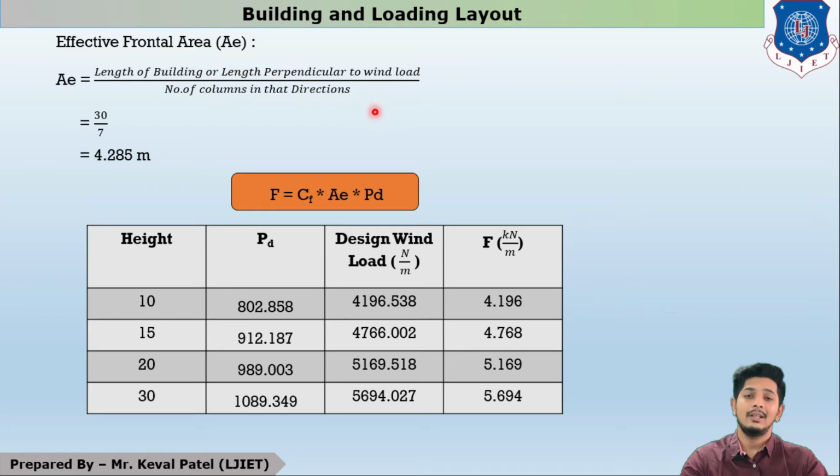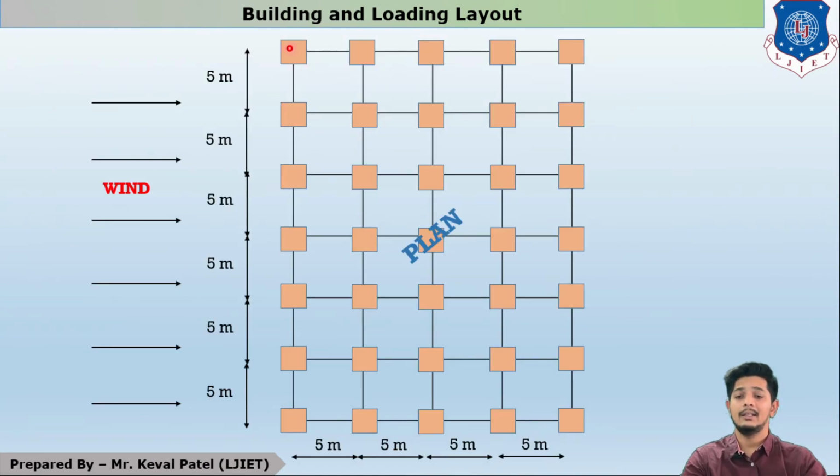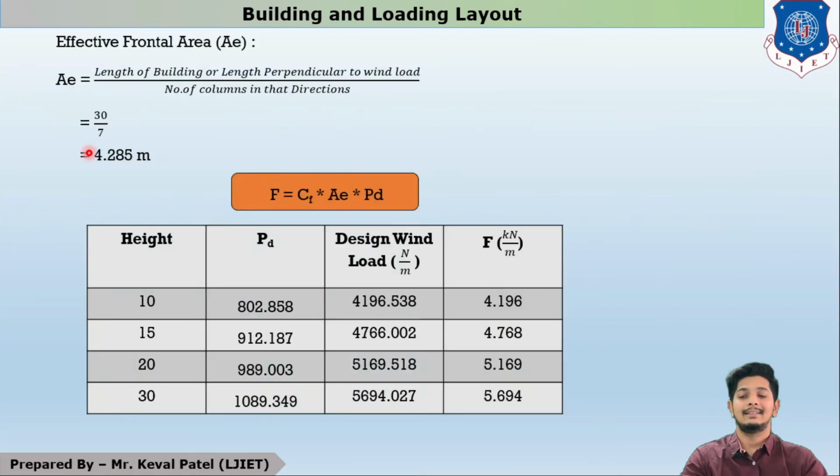So in that direction, how many columns will be there? Let us see our plan of the building again. Here I can see 1, 2, 3, 4, 5, 6 and 7 columns, and 30 meter is the dimension perpendicular to the wind. So I have taken 30 by 7 and AE comes out as 4.285 meter.